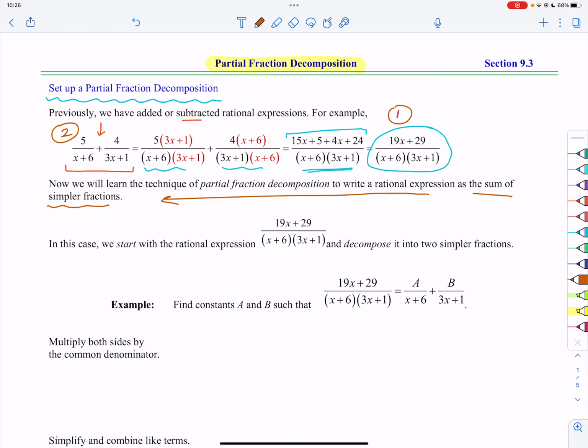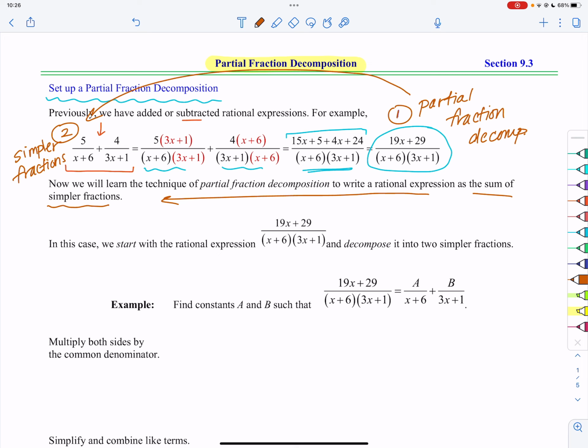So sometimes it's nice to know what we're doing before we do it. So partial fraction decomposition starts here at number 1, and then we end up here at number 2 with our simpler fractions.